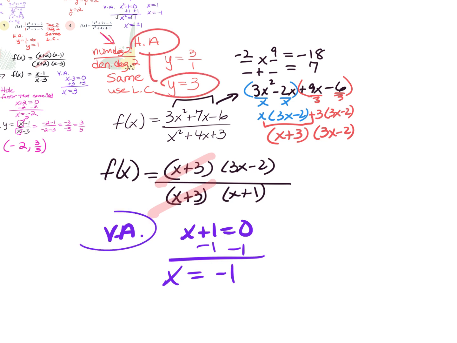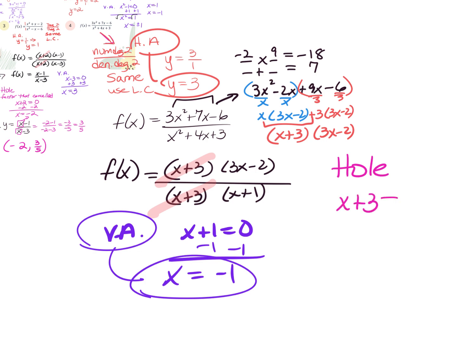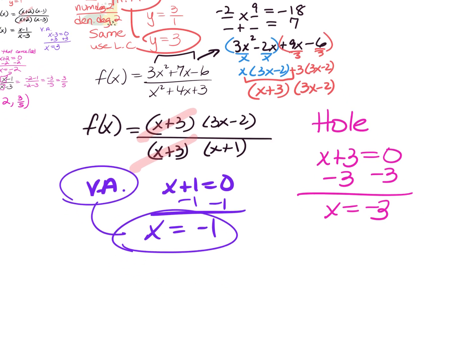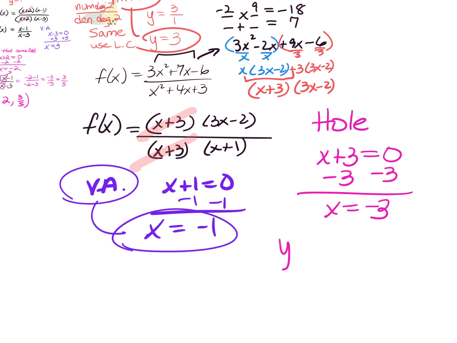We've got our vertical. And now we also have a hole. So remember, for the hole, we take the canceled factor, so the x plus 3, set it equal to 0. x equals negative 3. And now I take that newly found value of x, and I'm going to plug it into my simplified function.